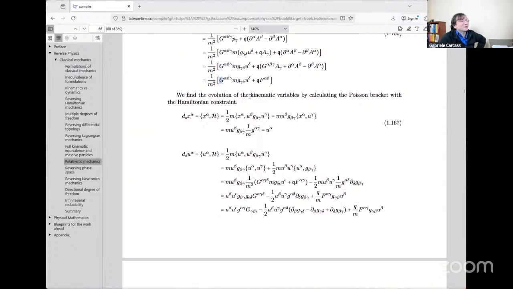So we find the evolution of the kinematic variables by calculating the Poisson bracket with the Hamiltonian constraint. So these are just Hamilton's equations.